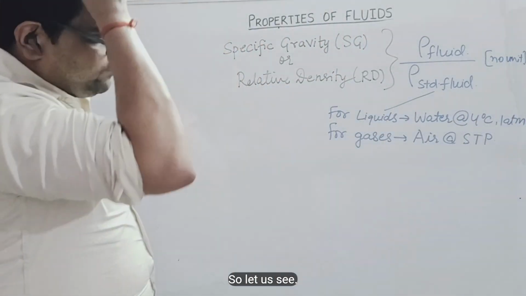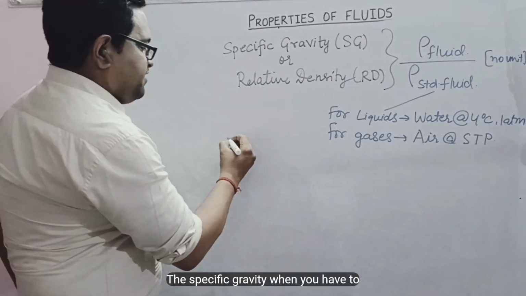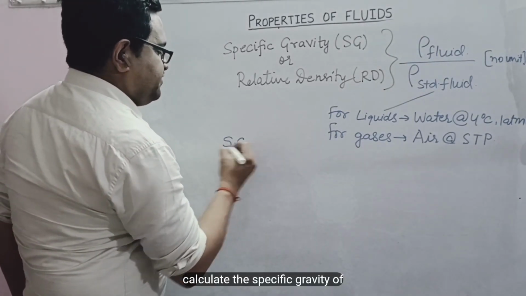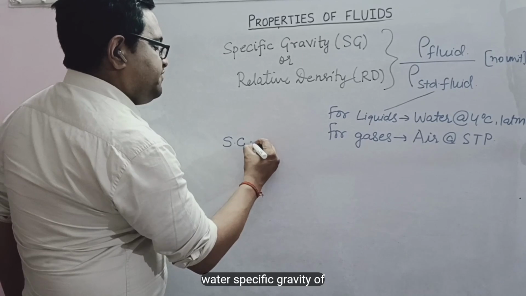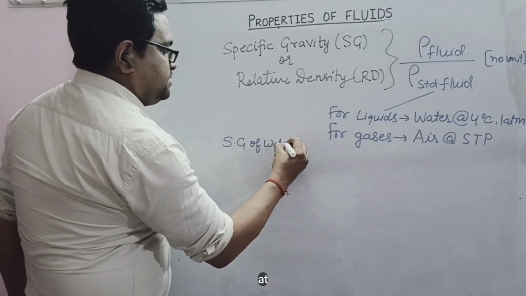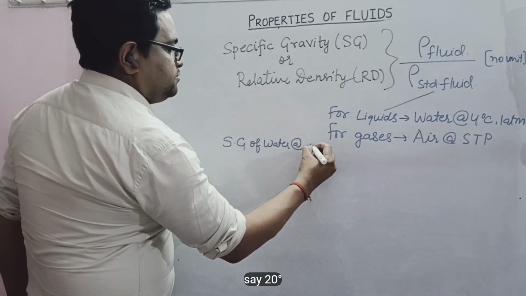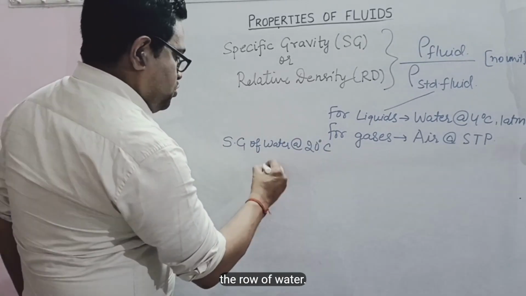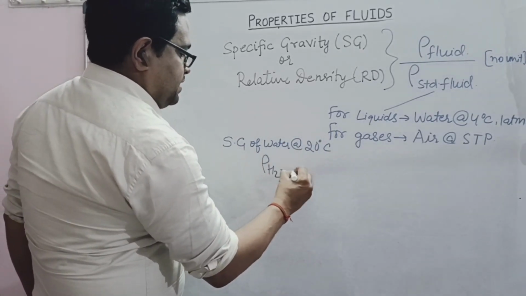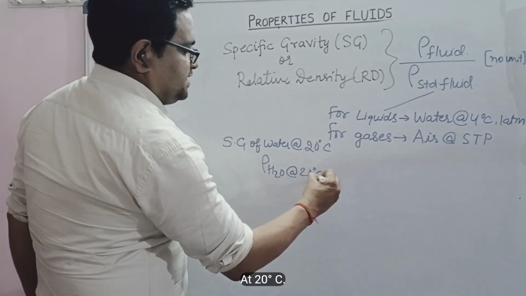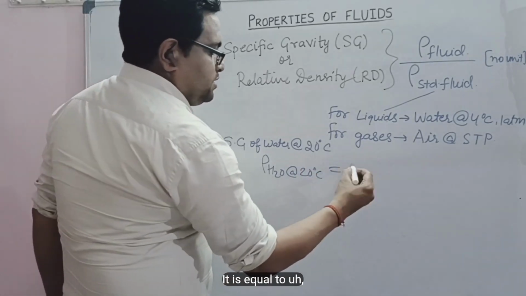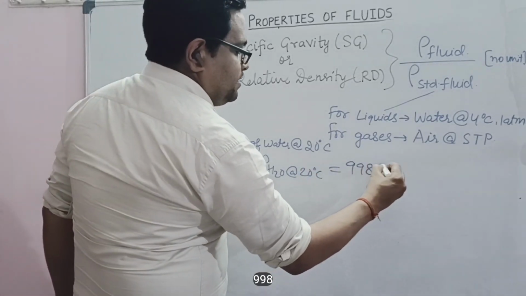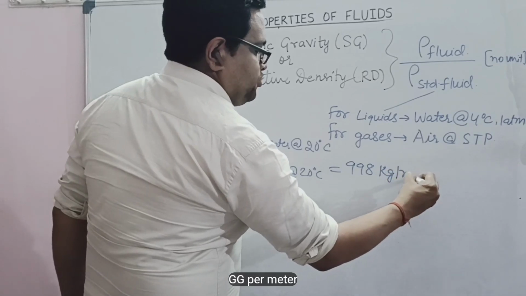So let us see the specific gravity value. How to calculate the specific gravity of water at say 20 degrees Celsius? Now we know that the rho of water at 20 degrees Celsius is equal to 998 kg per meter cube.